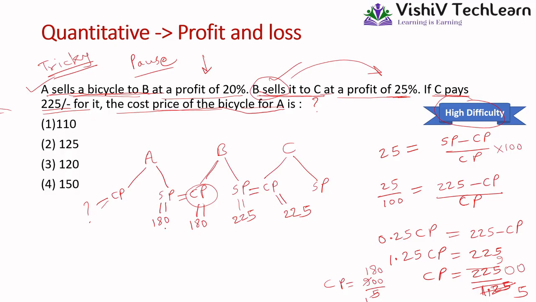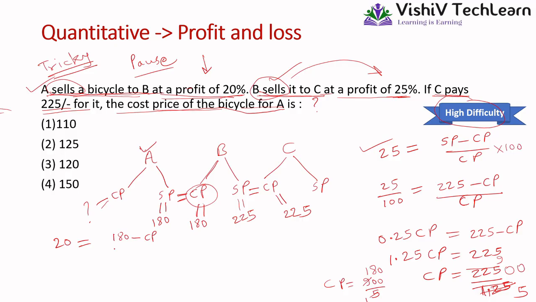So this we got since it is equal here, and A is selling a bicycle to B at a profit of 20%. So A had a profit of 20%, correct? And accordingly, we can again write down the same kind of formula: profit percent, which is 20%, equals SP. Now SP is 180, we can note it down.